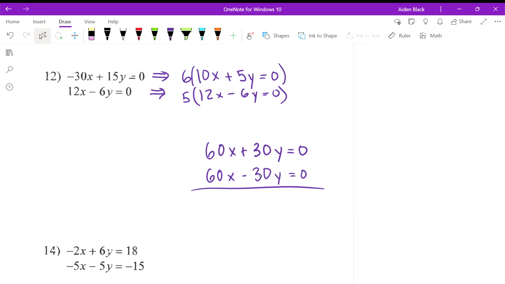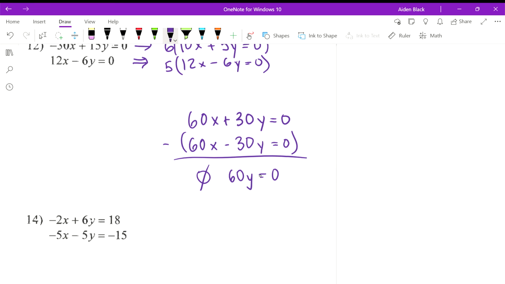So we'll subtract. 60x minus 60x is 0. 30y minus negative 30y is positive 60y. So we divide both sides by 60, we get y equals 0.